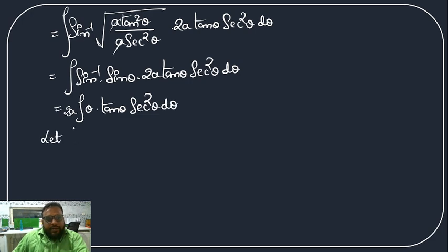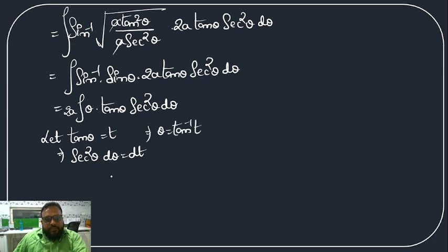So again, now we will convert everything here. We'll assume that tan theta is equal to t. So when we differentiate this, secant square theta d theta is equal to dt. From the same condition, theta will be equal to tan inverse t.